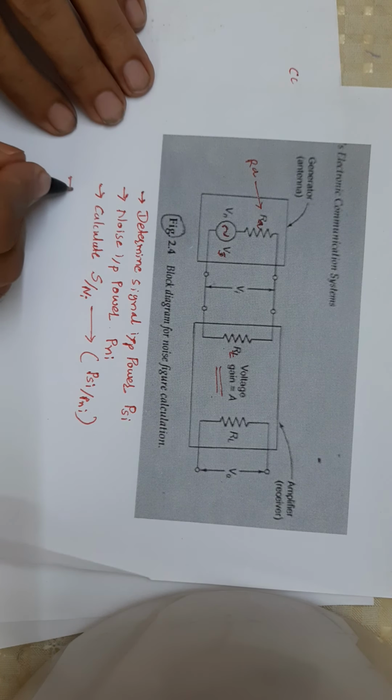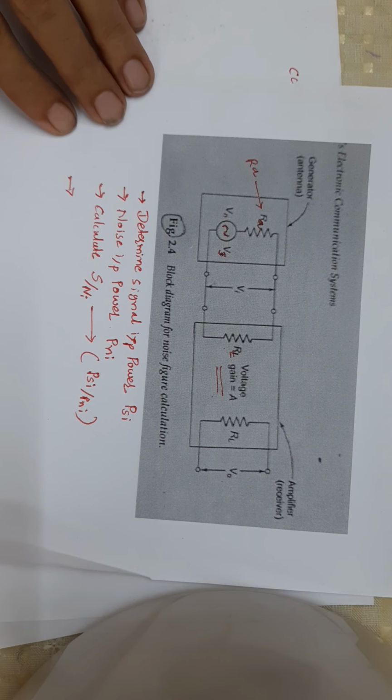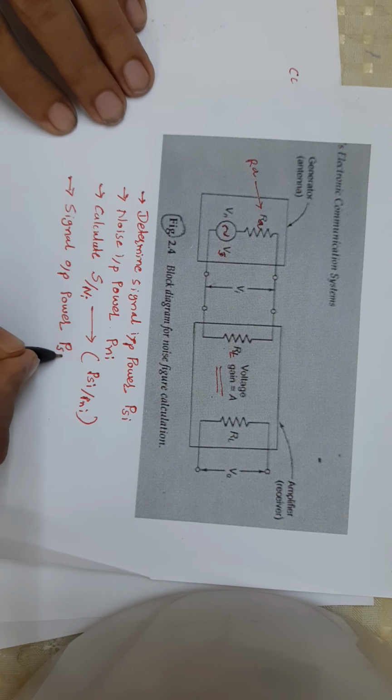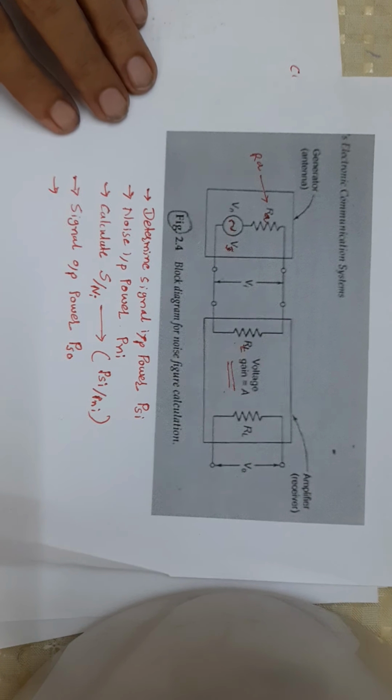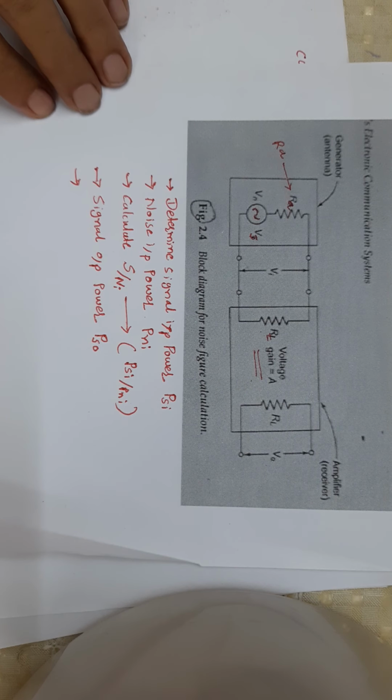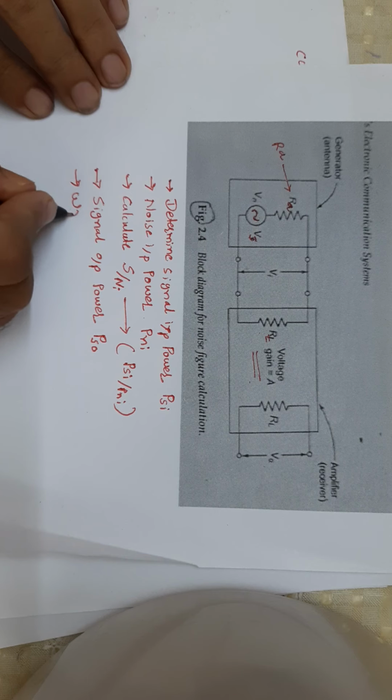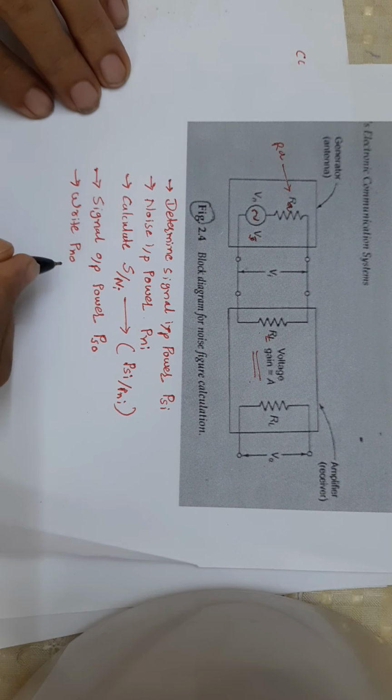The next step is to determine the signal output power, denoted by PSO, that is signal, output. Next step is to write PNO, the output noise power, for the noise output power to be determined later.